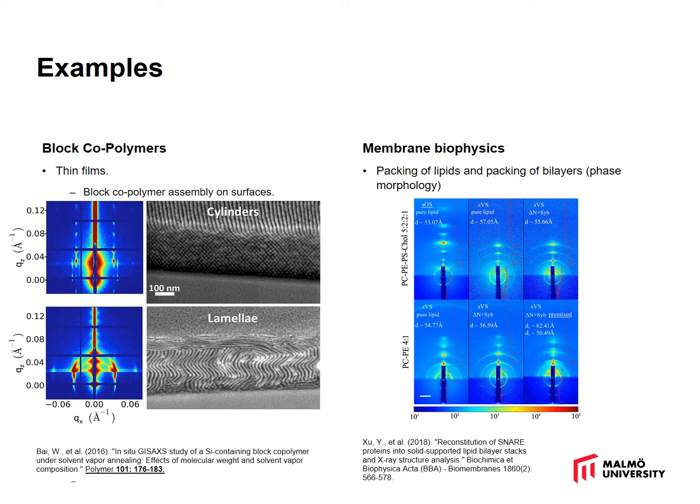The second example comes from membrane biophysics, and in this case the workers wanted to reconstitute a protein which is implicated in membrane fusion, and they were doing this with different kinds of lipids on a substrate.